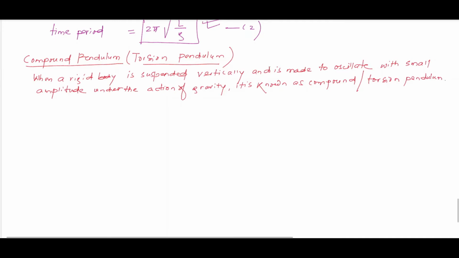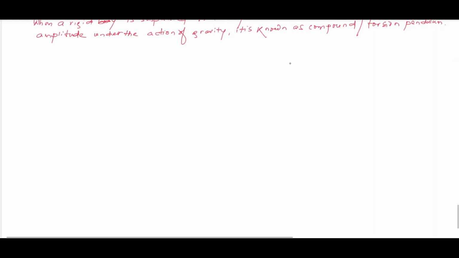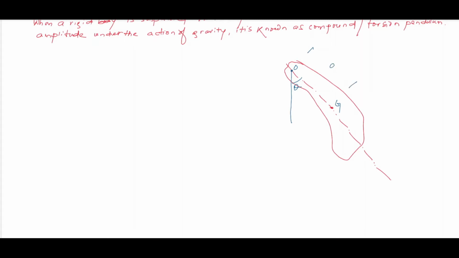Now, let us draw a simple schematic. Let us say this is the compound pendulum and this is its longitudinal axis, and this point indicates its CG, denoted by the symbol G. Let us say this point is O, the angle of orientation is theta, and the distance of G from point O is denoted by small a.